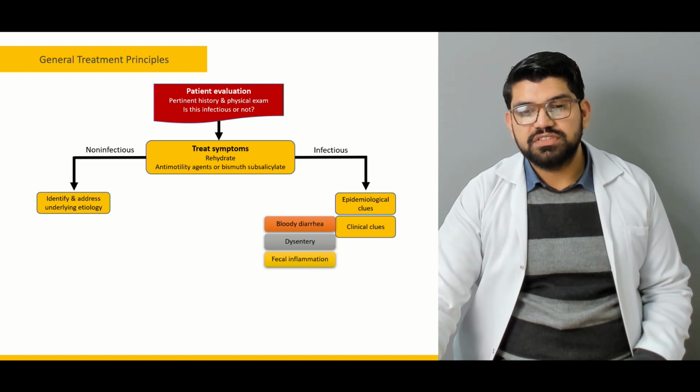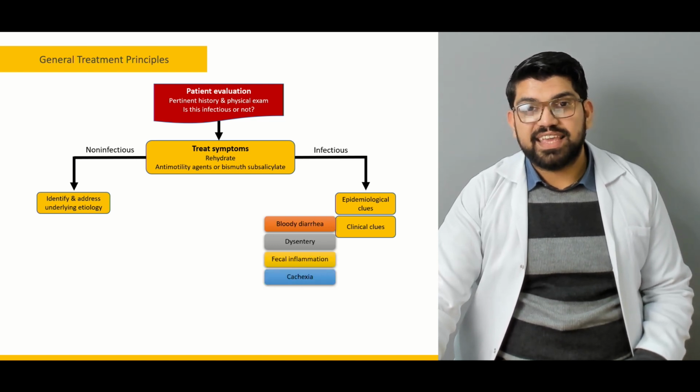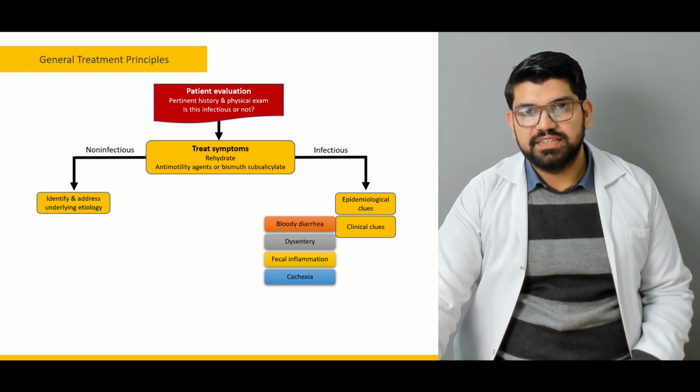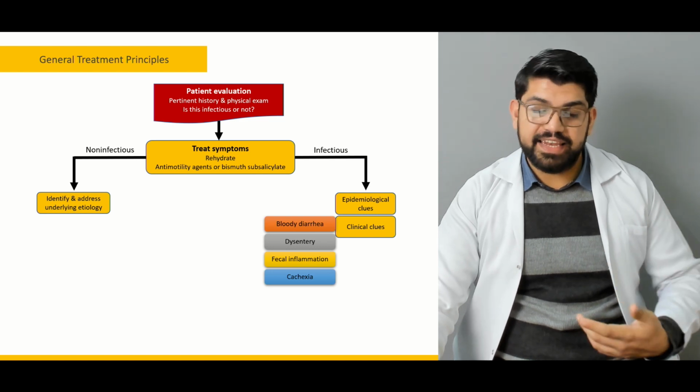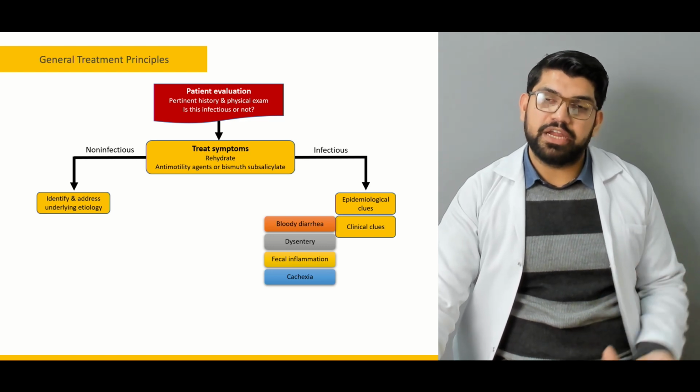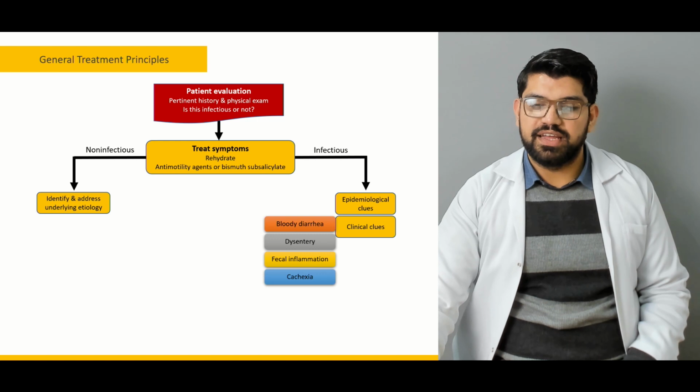Fecal inflammation. Cachexia, weight loss, anorexia: in the elderly with cachexia, anorexia, and weight loss, think of any underlying tumor.